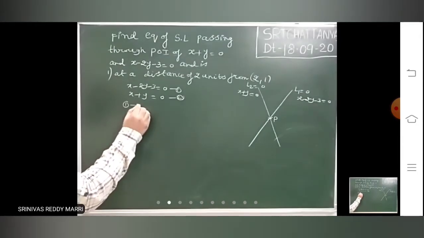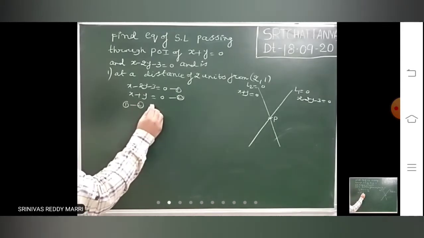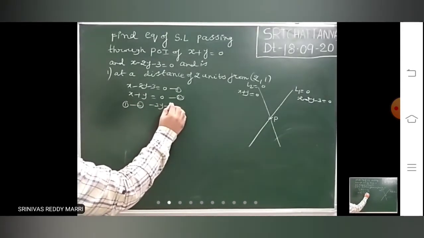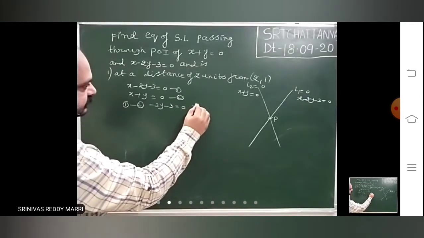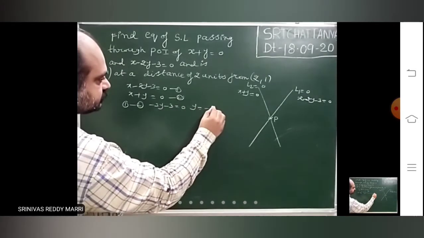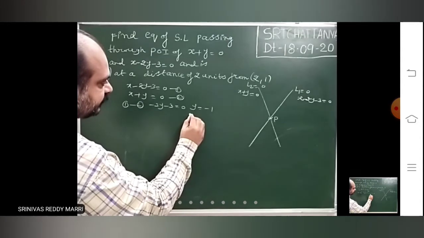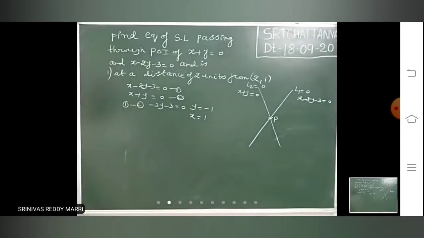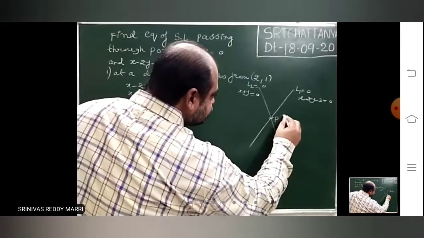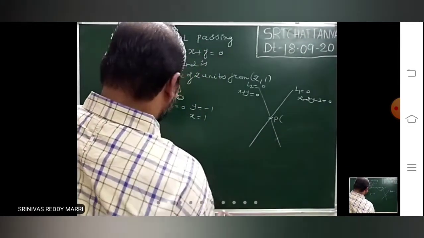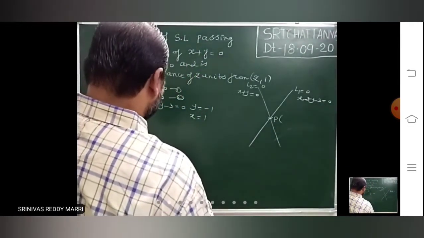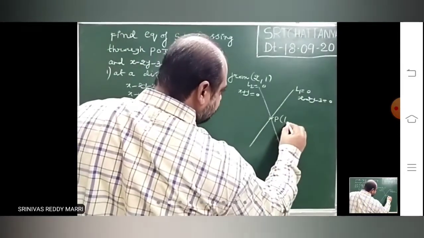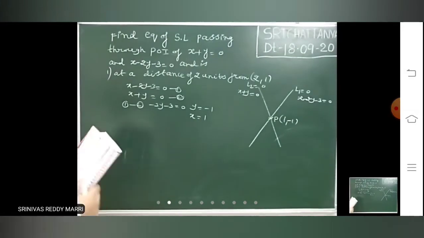Subtracting, we get minus 3y minus 3 equal to 0. So y is minus 1 and x is 1. Therefore the point of intersection is (1, minus 1).